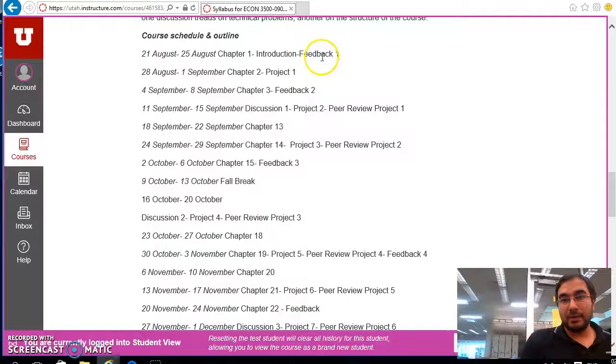Secondly, you have introduction and you have feedback. Introduction is where you are expected to introduce yourself, and feedback is on what you find as the most interesting subject, issue related to international economics.